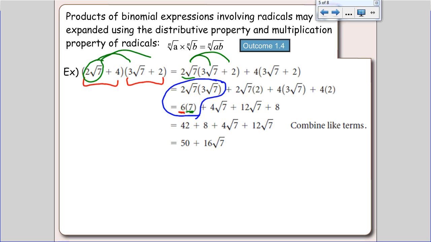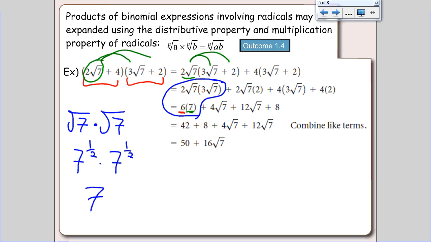Root 7 times root 7 is the same thing as saying 7 to the power of 1/2 times 7 to the power of 1/2. I hope you all know that's the exact same thing. That's just an exponent rule, right? What do we do when we multiply exponents? You add them. What's a half plus a half? It's 1. See how the exponents just go away when you multiply roots?